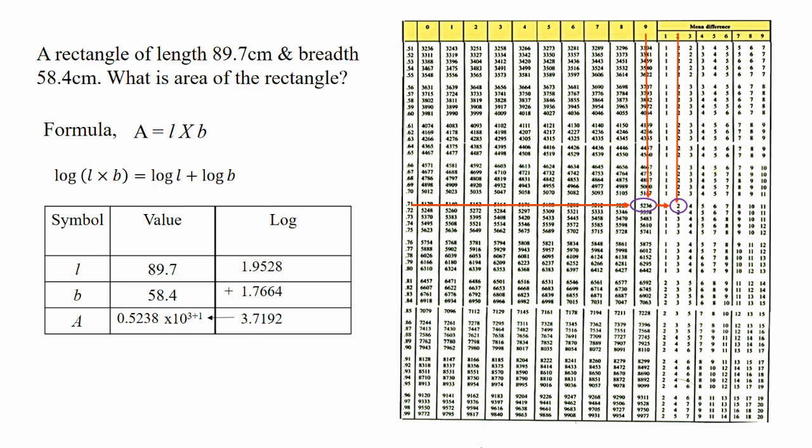So here I can write the given number as 0.5238 into 10 raised to 4. From that, I can say that the area of the rectangle is 5238 centimeter square. The given number 0.5238 I multiply with 10 raised to 4, so the value comes out as 5238 centimeter square.